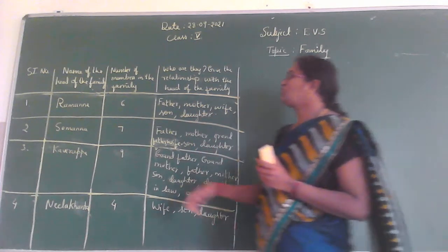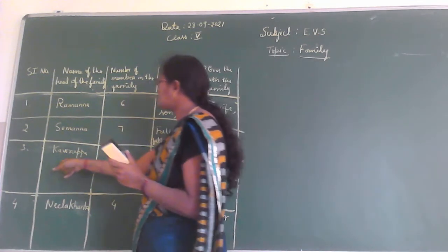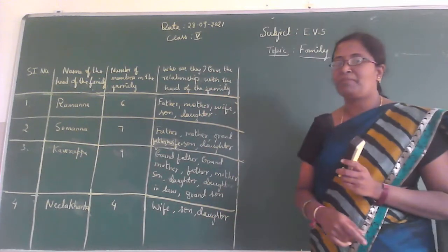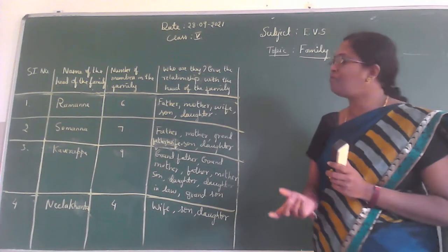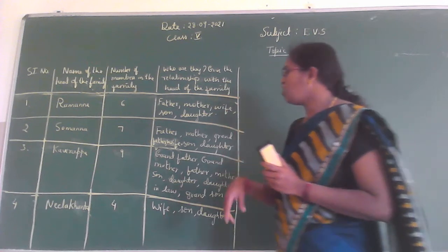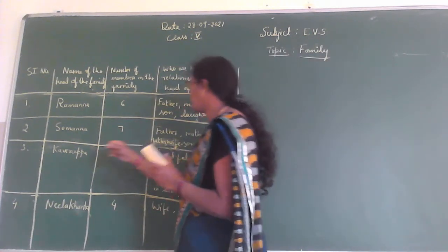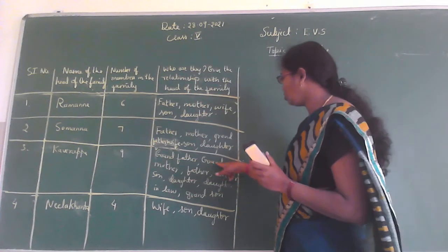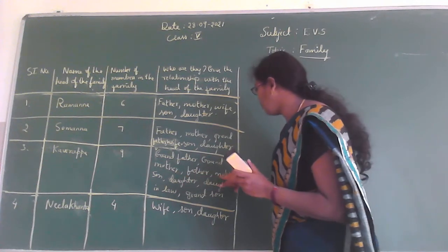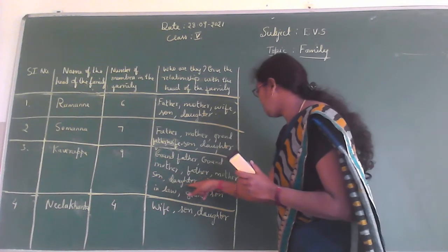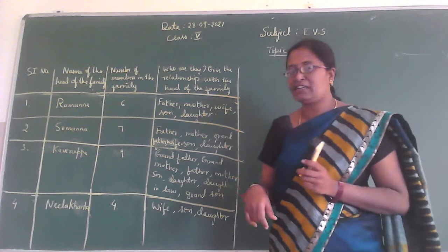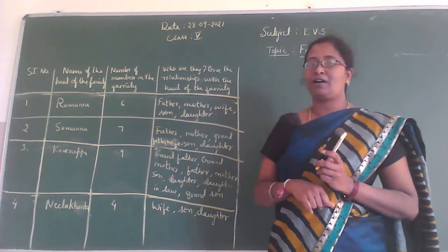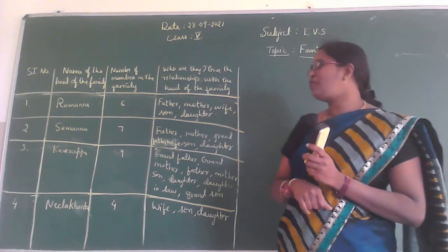So let us move to the third family, that is Kavirappa's family. How many members are there in Kavirappa's family? Let us count it. Kavirappa 1, 2, 3, 4, 5, 6, 7, 8, 9. Is it including Kavirappa, the head of that family?